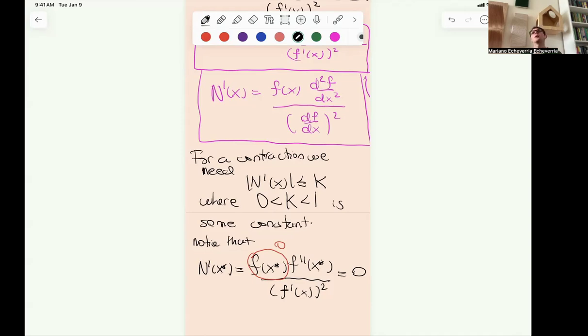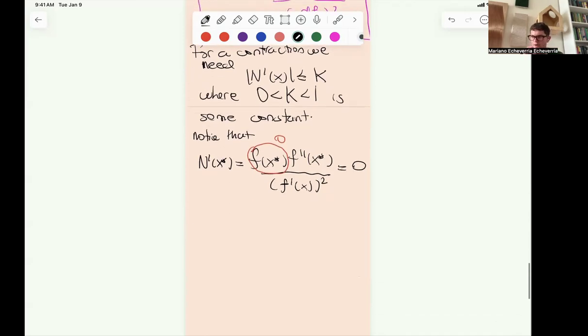And so, what does that mean? It means that, maybe let's try to draw a graph. We don't know how n of x looks, but here's a graph of n of x. You have x star somewhere in here, and the first derivative is zero at x star.